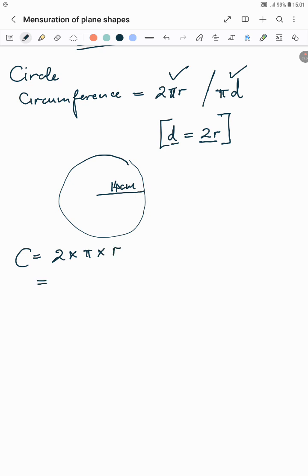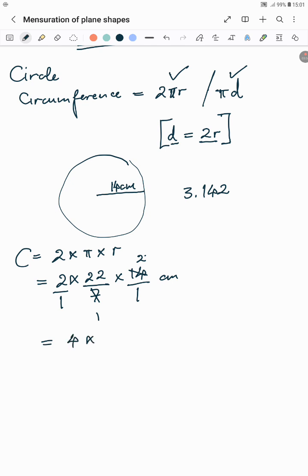Usually pi is equal to 22 over 7, so you just use whatever you are given. It's either 22 over 7 or 3.142. So here the circumference will be equal to what? We say 7 into 14, that's 2. 2 times 2, that's 4, and 4 times 22, you get 88 centimeters.